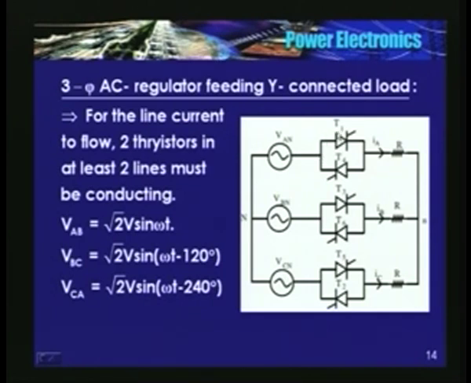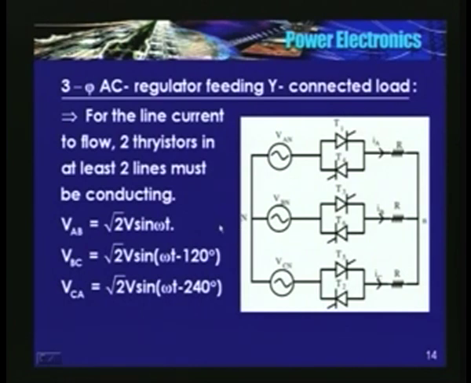So if T1 is on, current can flow through T6 or T2. Okay. So this is the condition for the line current to flow. Two thyristors in at least two lines must be conducting.